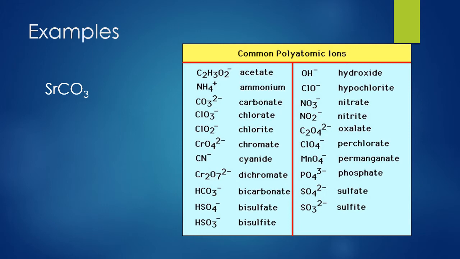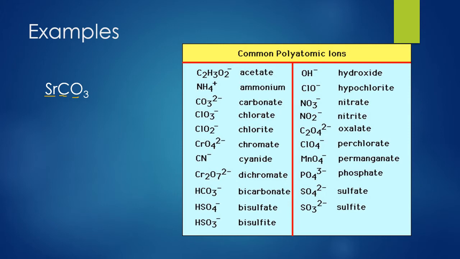So how do you know if a polyatomic ion is involved? Looking at this first example, I would know one's involved because there's more than 2 elements present. I have Sr, strontium, I have carbon, and I have oxygen. So I have 3 elements present. That must mean there's a polyatomic involved somewhere.